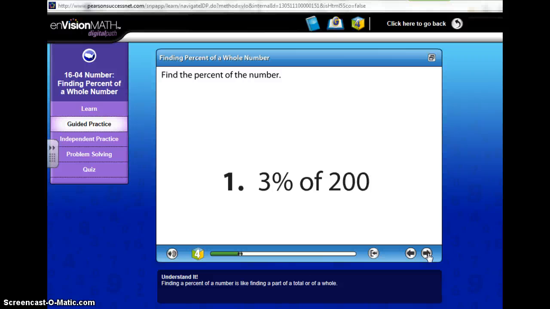Well, we're going to multiply, right? Because you see the "of." How do we change 3% to a decimal? How would we write that, Sarah? We would do 0.03. That's right. So everybody write this down. 200 times 0.03. If you want another 0 in front of it, you can, but you don't need to.